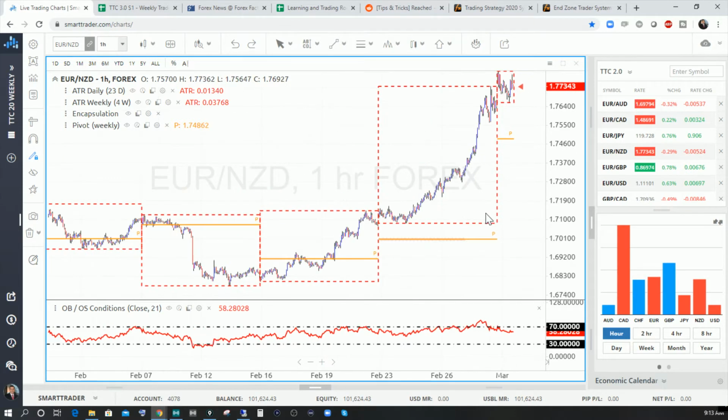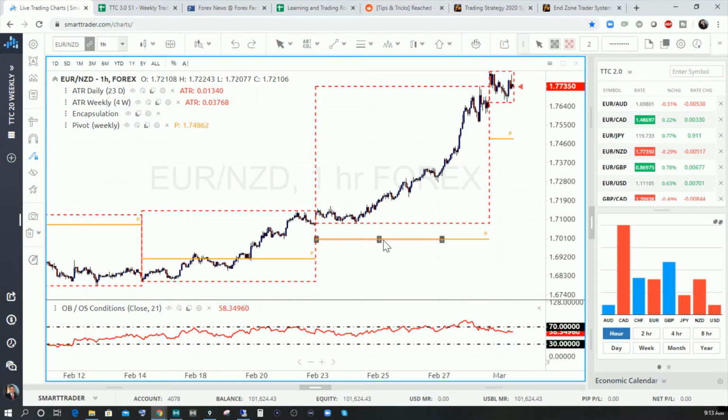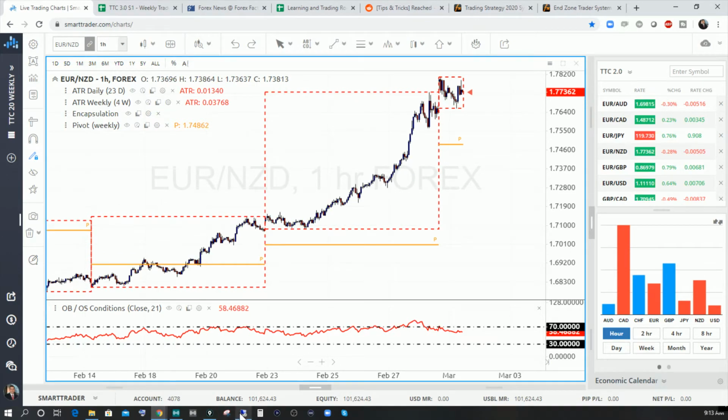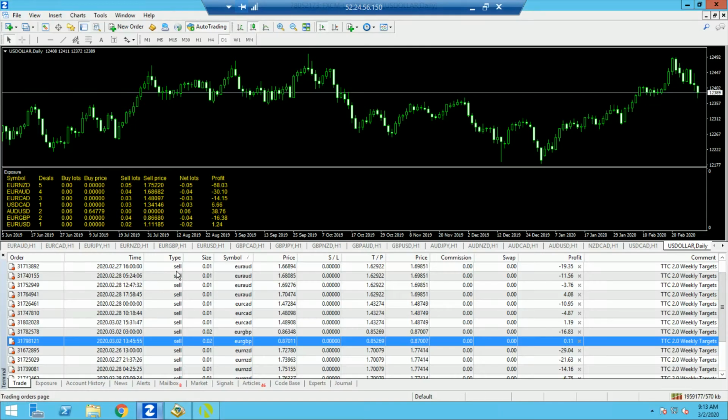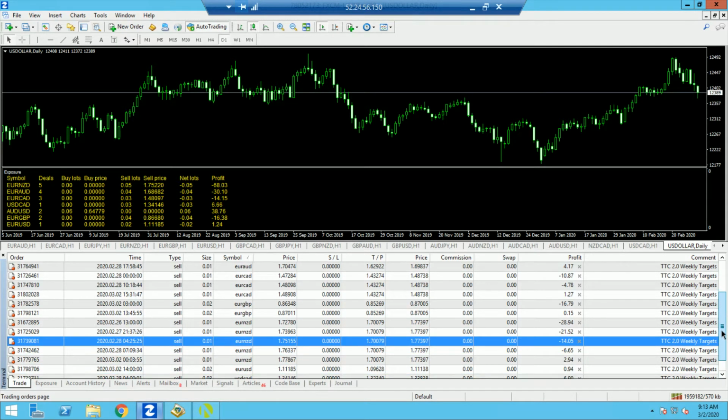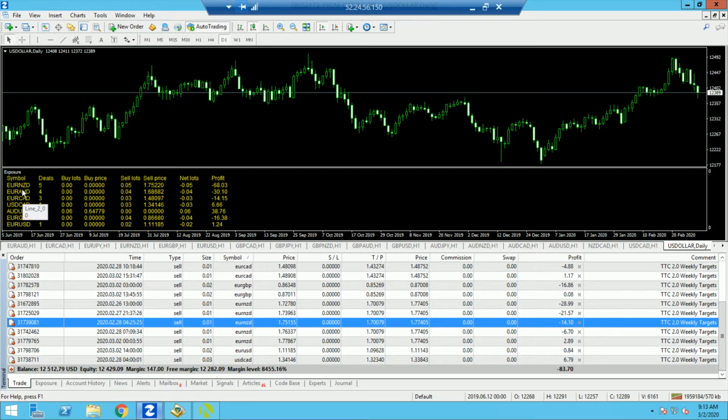And I think the opportunity came from, let's see here. When do we get in on that trade? So Euro New Zealand dollar, there it is there. We have how many positions? We've got 5 positions in on this. So I'm assuming it came from last week.